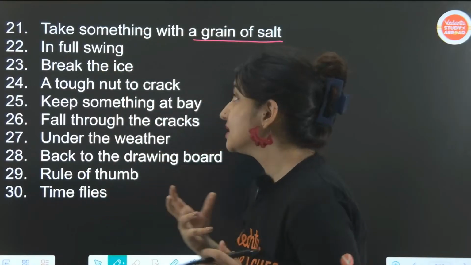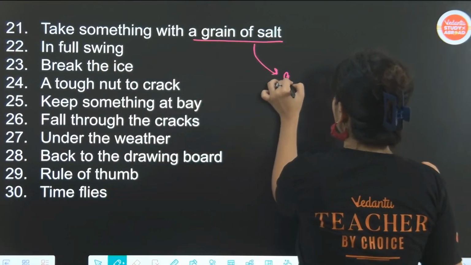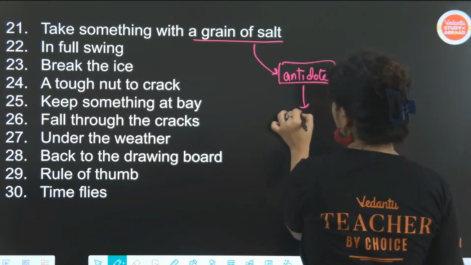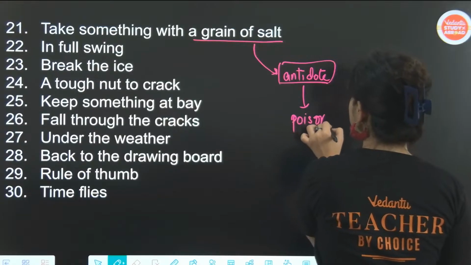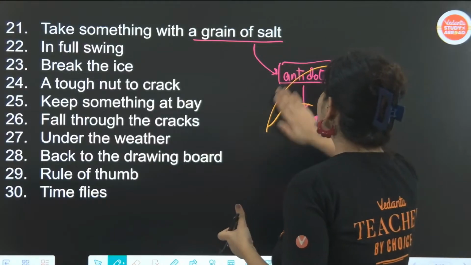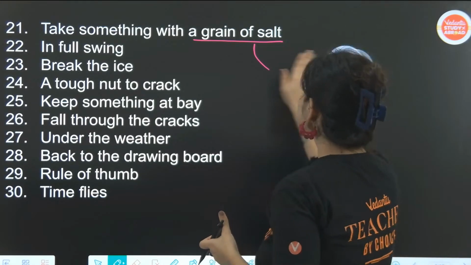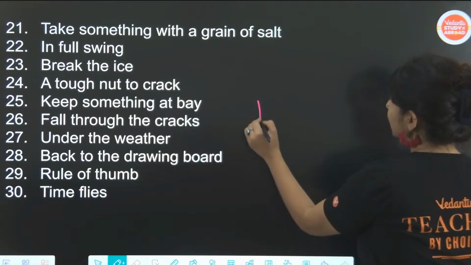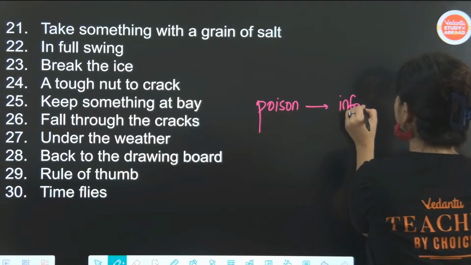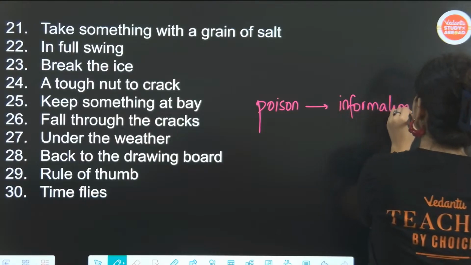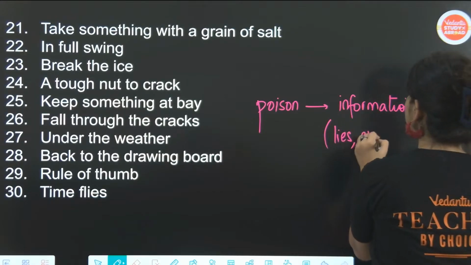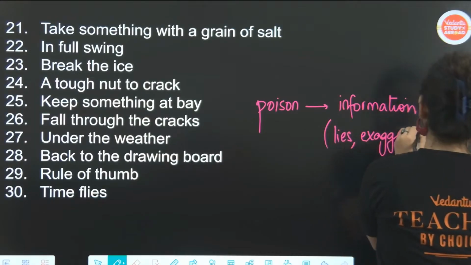So salt in the past acted like an antidote to poison, and this is where the idiom has originated from, where if someone gives you poison, what is poison? In this case, poison is some sort of information that can have lies or exaggerated claims, right?